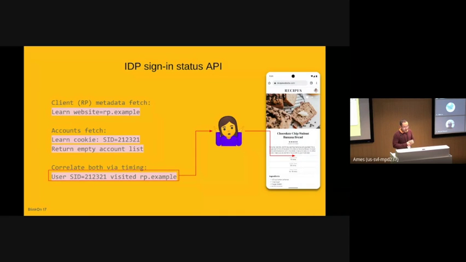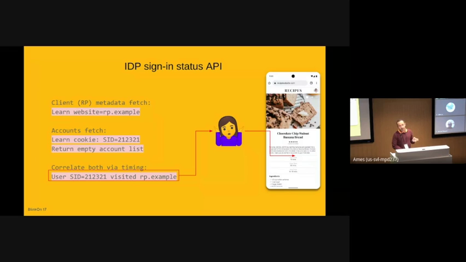And if it happens that the IDP has told us that the user is logged in, but we receive no accounts, well, first of all, that should be a rare occurrence, right? Because it means the IDP kind of lied to us, or there was some inconsistency there. But second of all, it lets us show a more meaningful dialogue to the user if that happens, right?